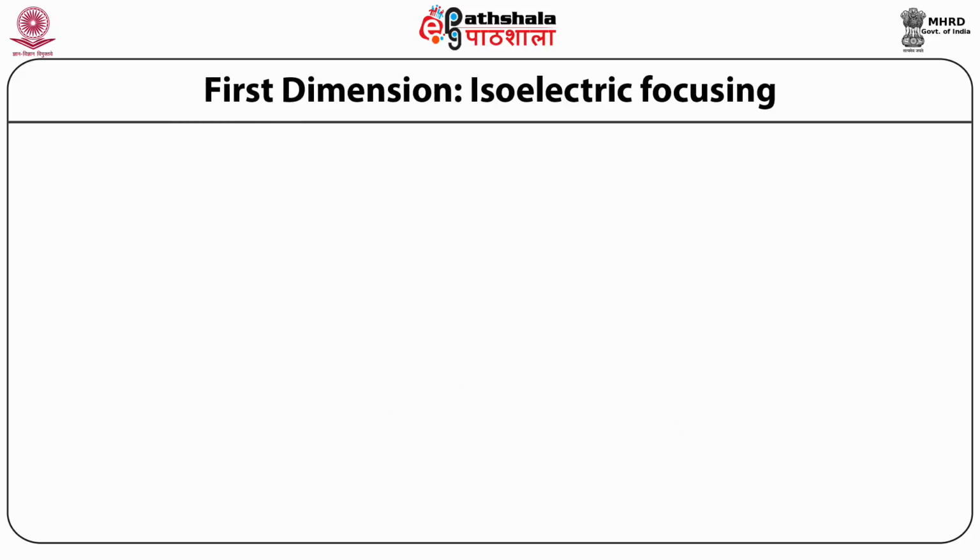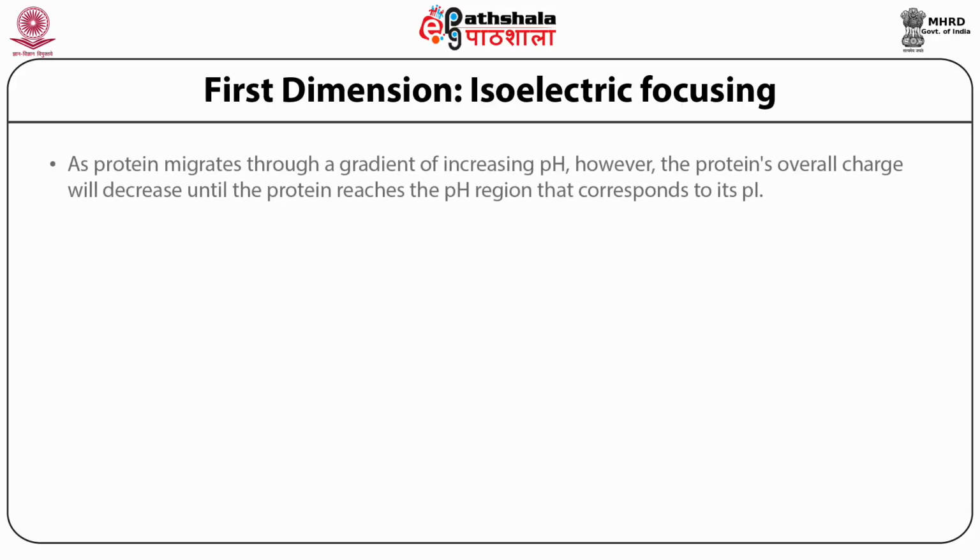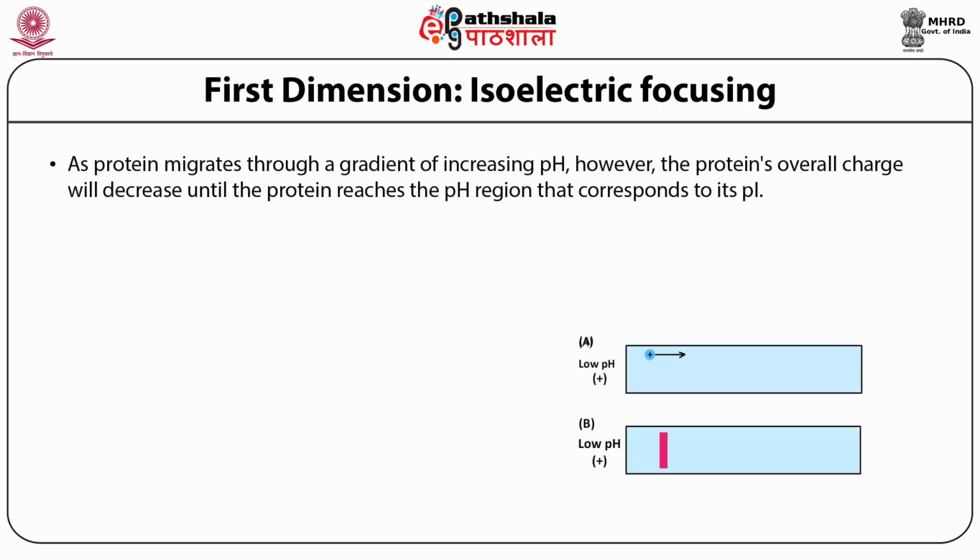Even as we have been understanding isoelectric focusing, as the protein migrates in the IPG strip, the overall charge on the protein will decrease until the protein reaches the region where the pH equals its pI, or in other words, the net charge on the protein is 0.